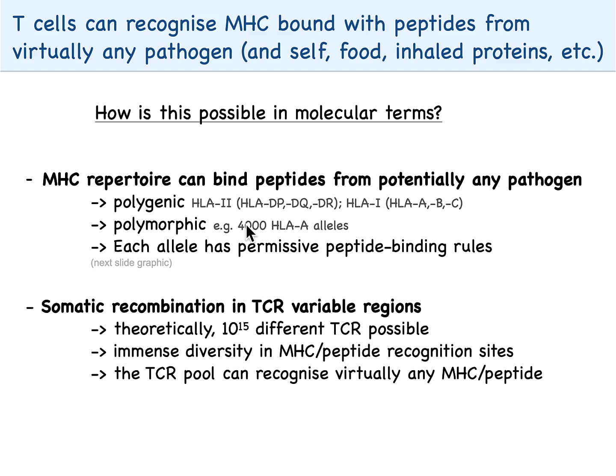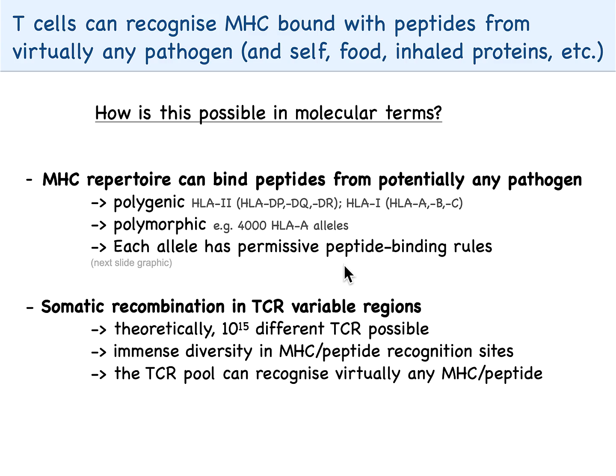Each of the polymorphisms of HLA-A will bind a different set of peptides. Many of them will be overlapping and common for all the HLA-A alleles, but there will also be a very high number of peptides that are different between the different alleles. So each allele will bind in the order of thousands of different peptides. And this is because they have relatively permissive peptide binding rules.